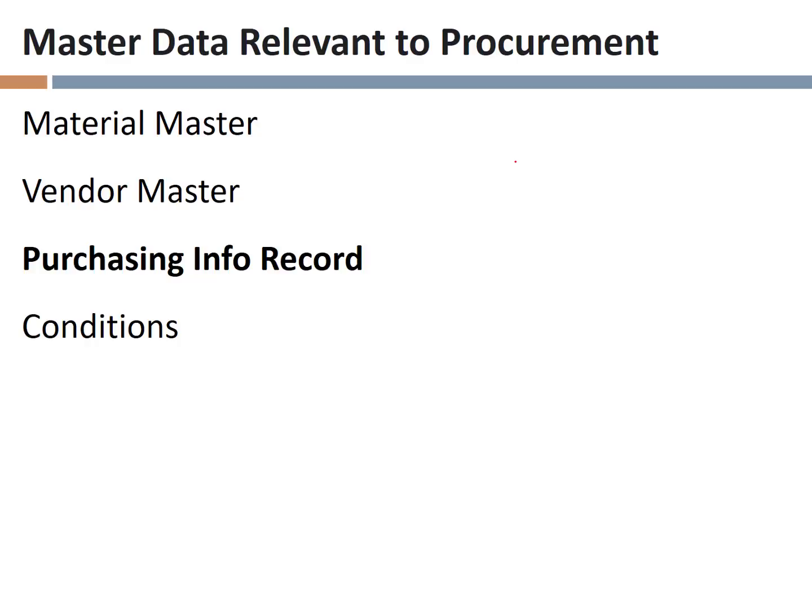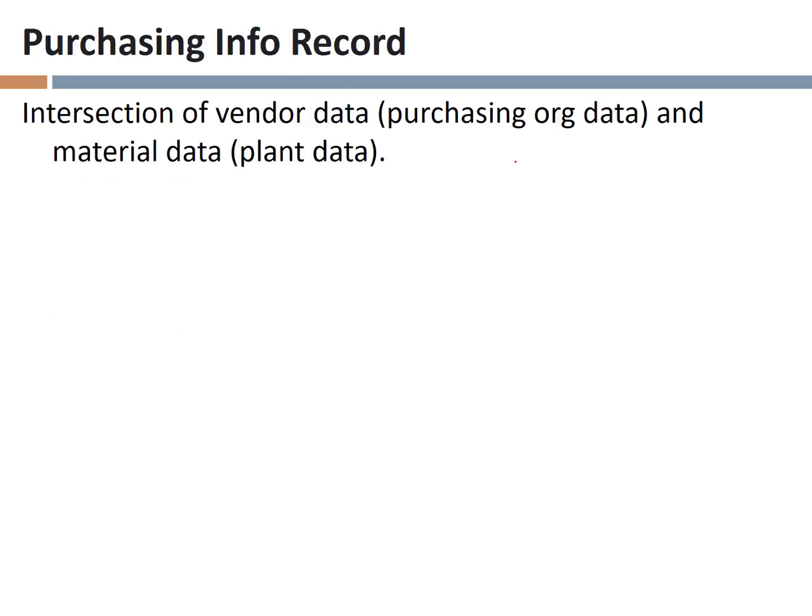So the material master is where we have all of our information about our materials. The vendor master is where we have information about our vendor. But suppose there's information that we need to keep track of that's almost a hybrid of those things. We want to record information about a material, but in the context of a particular vendor. And the purchasing information record is where we can do this.